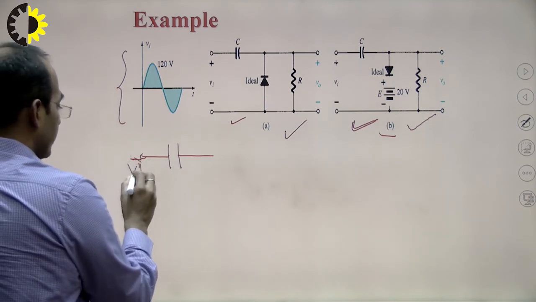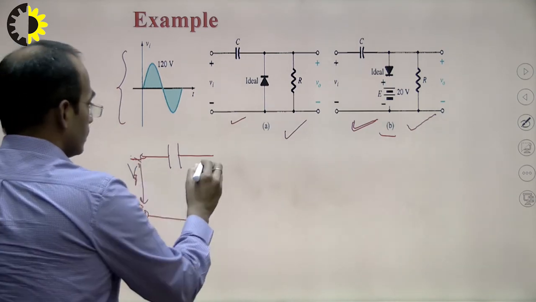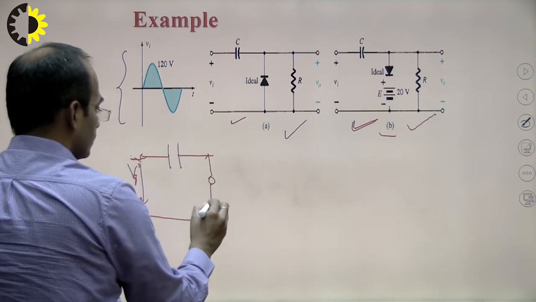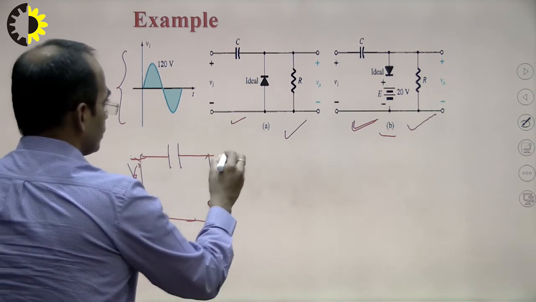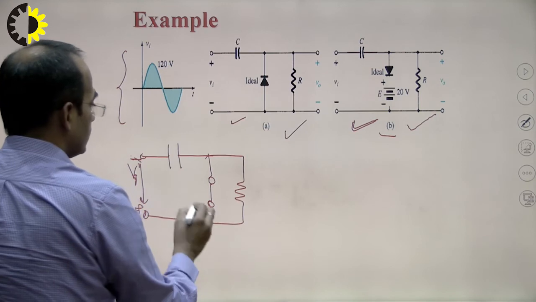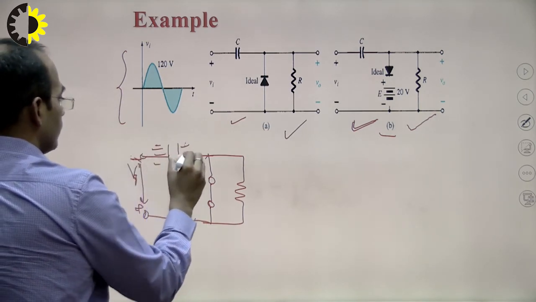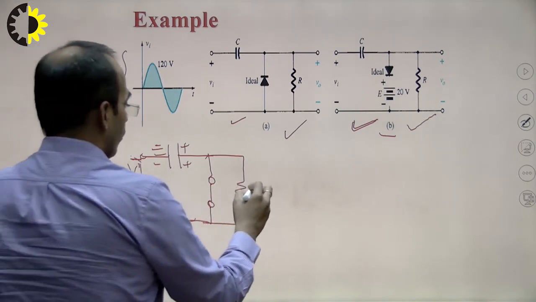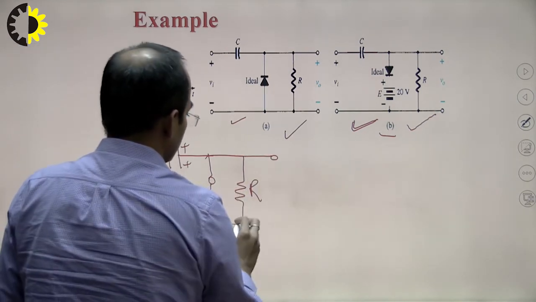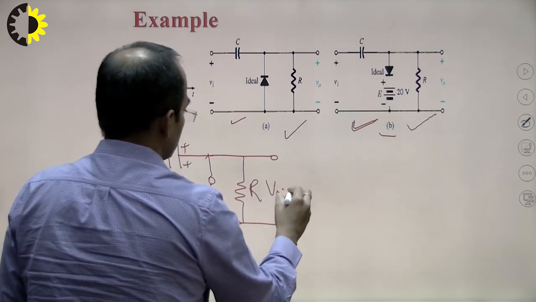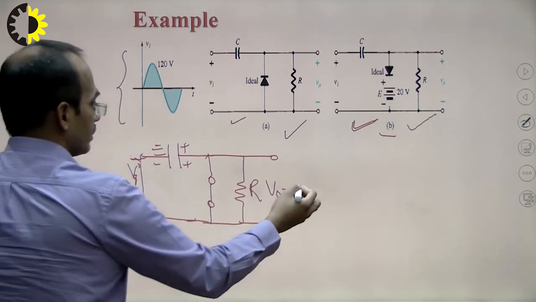This input is Vi is equal to 120 volt. So the diode will be short circuited and capacitor will charge, and here the negative charge will be accumulated, positive charge will be accumulated. What will be the output across this resistance? Output across this resistance will be 0 volt.